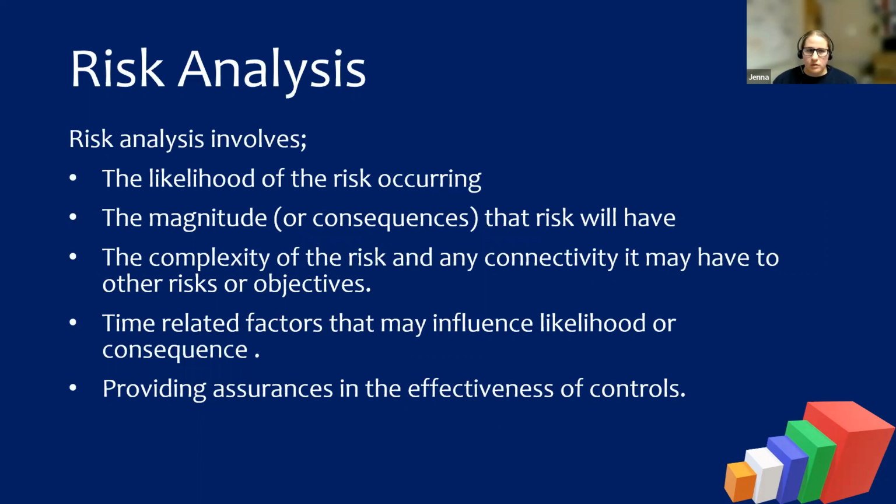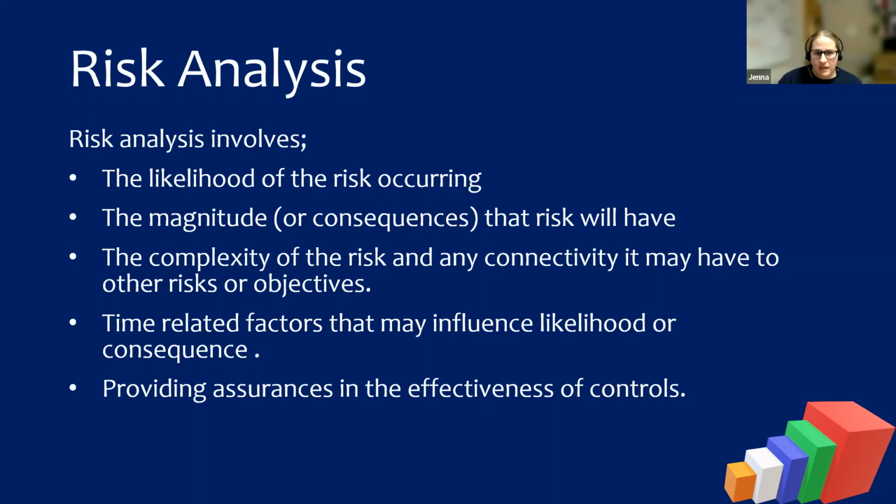So when we look at risk analysis, we need to work out the likelihood of that risk occurring, the magnitude or the consequences that risk will have to either the people, health board, and so on. We need to consider the complexity of the risk, and whether it has connections to multiple other risks or other objectives.